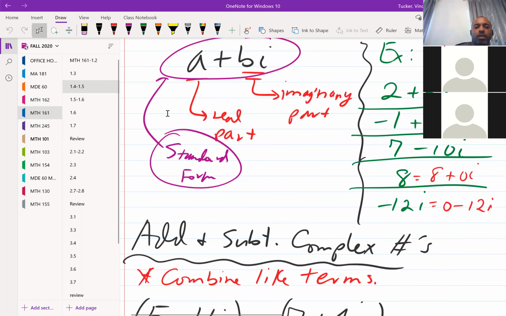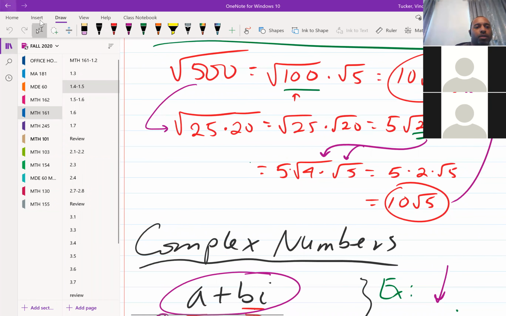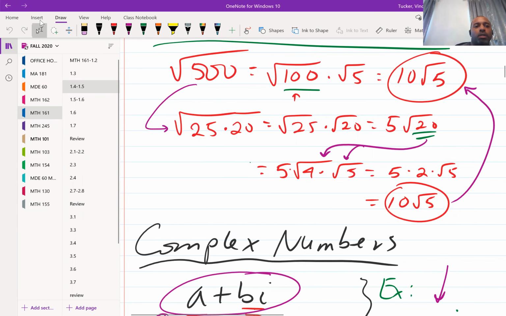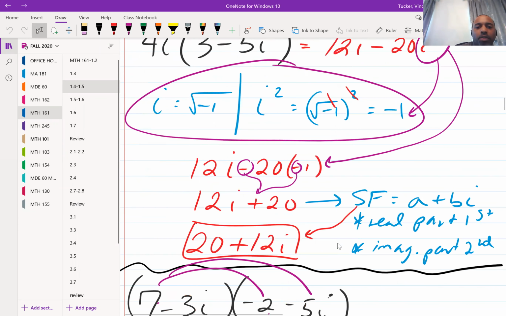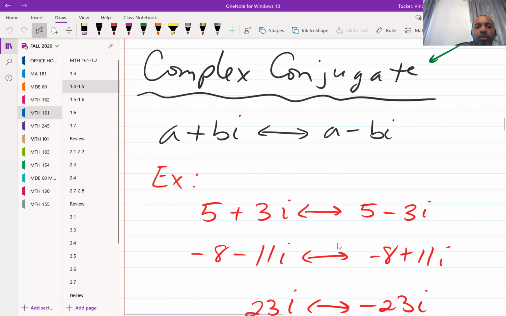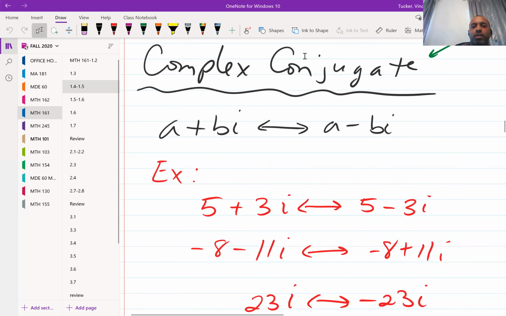Last time we ended with addition, subtraction, and multiplying complex numbers. So now we're looking at complex conjugates.